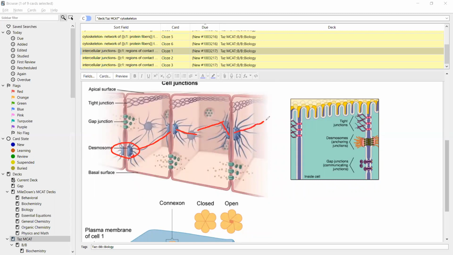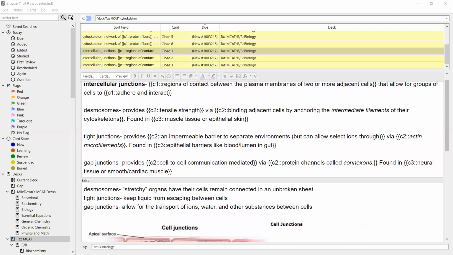In a way, they're making a net, like a mesh throughout all the cells. So you can't just punch a hole through one cell because it'll be linked to all the other cells. It provides more strength to the whole layer of cells. So yeah, those are desmosomes. And desmosomes are made out of intermediate filaments.